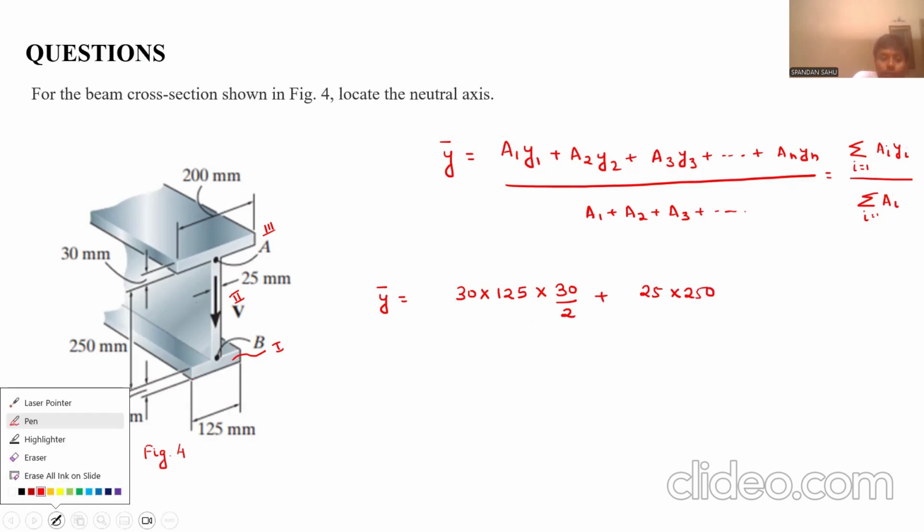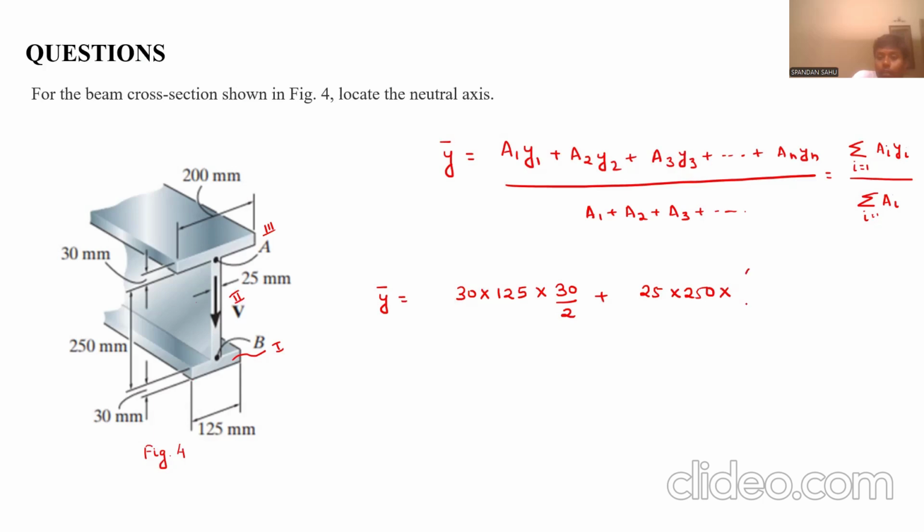Correct? Then what will be Y2? It will be 30 plus 250 by 2. Just tell me, is this okay? Is this clear to everyone?